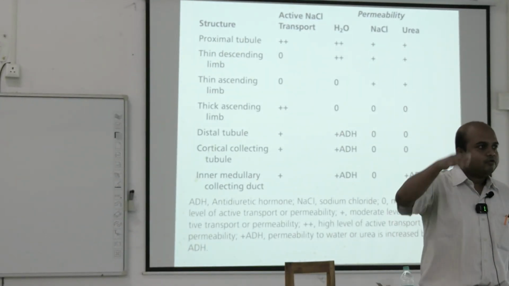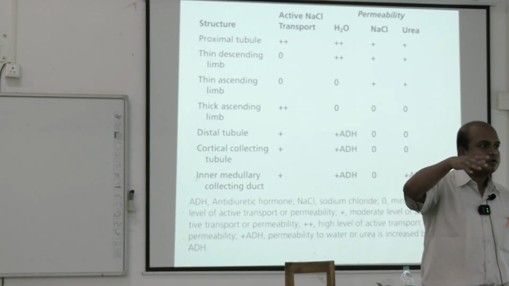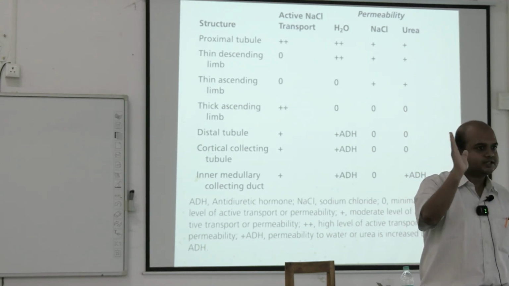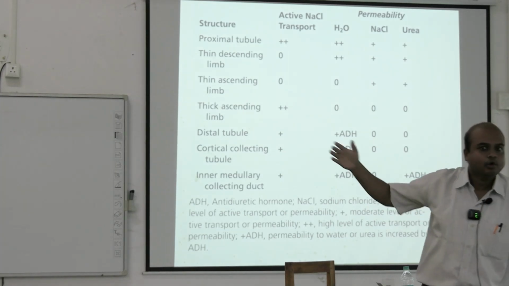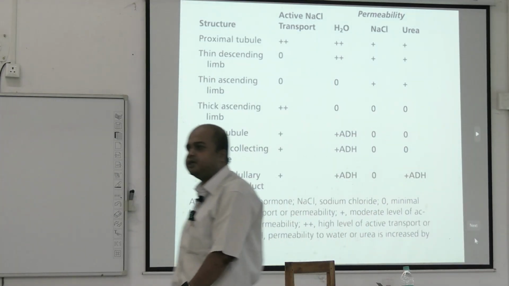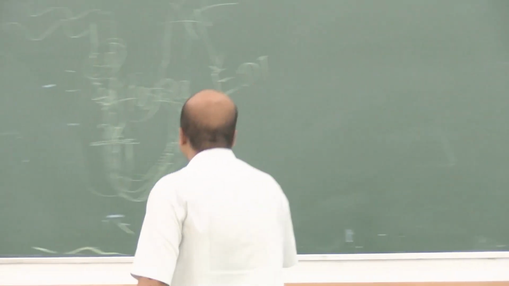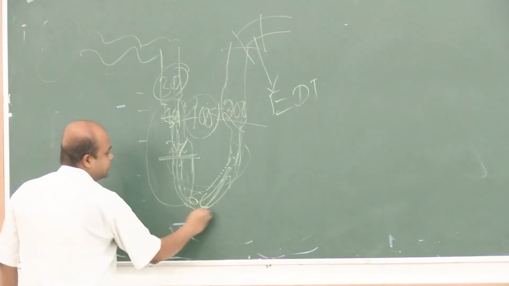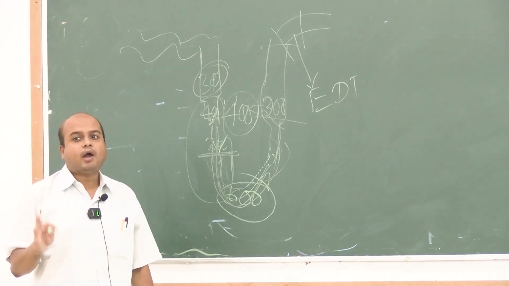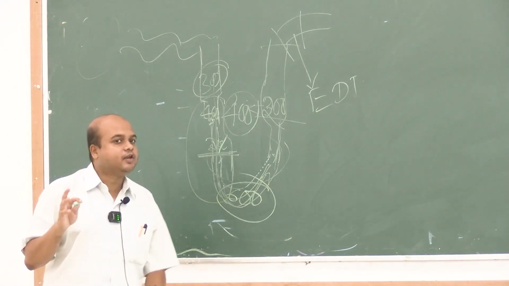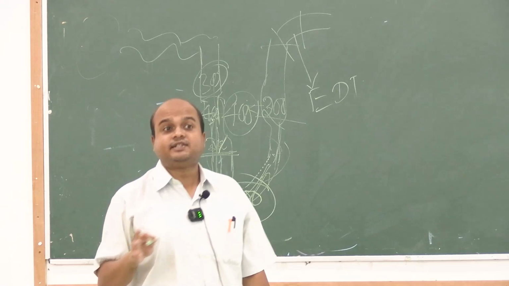So after a few cycles, we are just imagining it is now continuing in the body. Once it has been established, what medullary concentration is established? As we saw, it will be highest, 600, if no ADH is there. But remember one point: at the tip of the loop of Henle it will be 600, but no ADH is there.